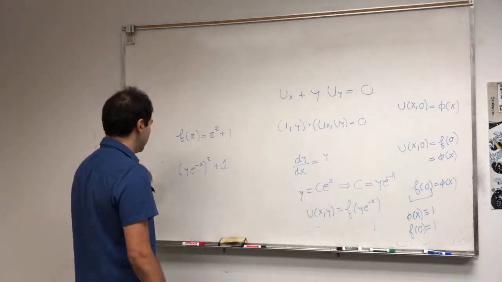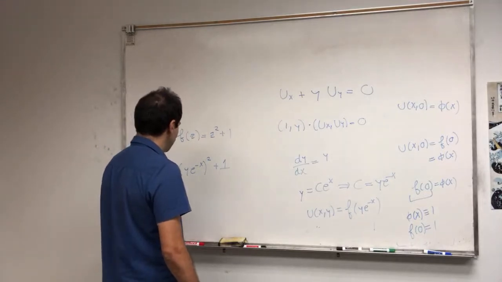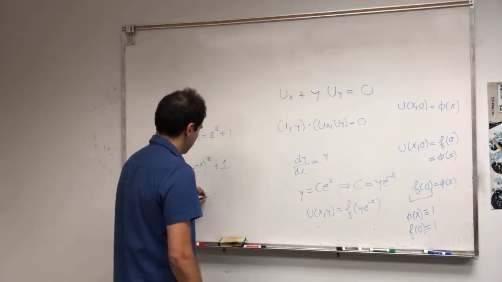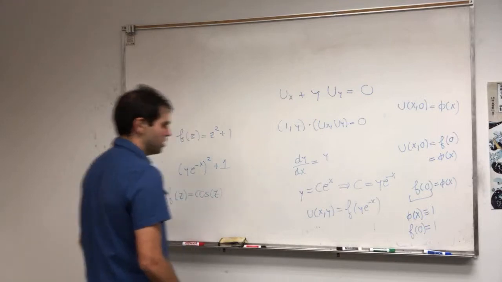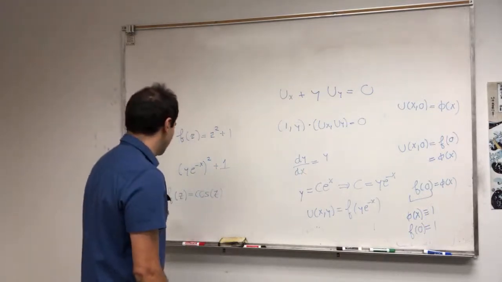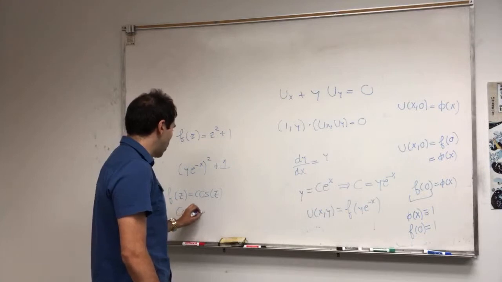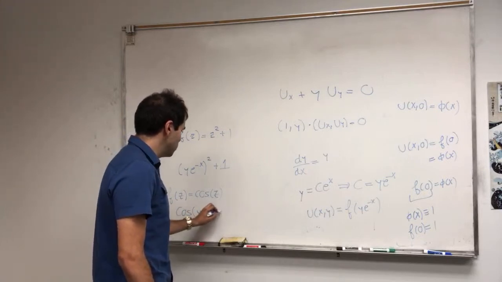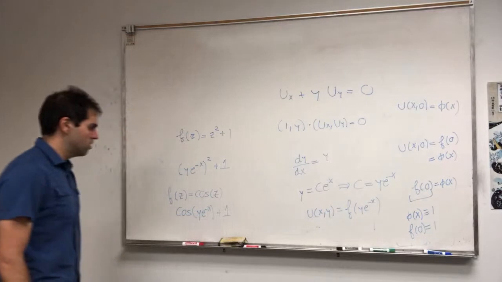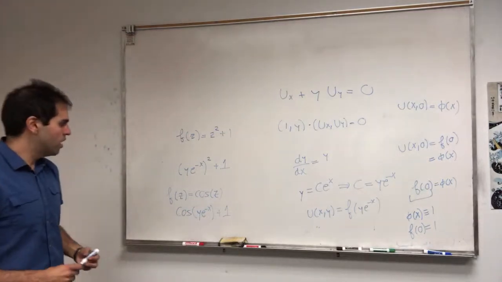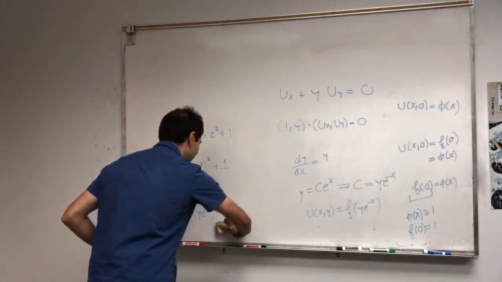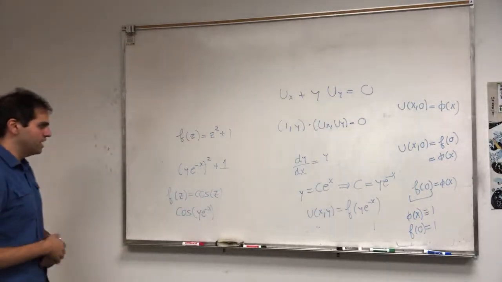On the other hand, why not take f of z to be cosine of z? That also satisfies f of 0 equals 1. And the solution would be cosine of y e to the minus x.